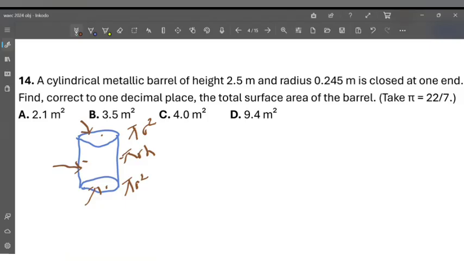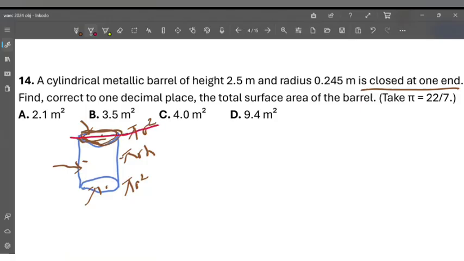So in this case, we are told that it is closed at one end. So it therefore means that one of these areas is closed. We will not calculate the area of one of these. So let me assume that it's the top that is closed. So the pi r squared here, we are not going to calculate it because it's closed.